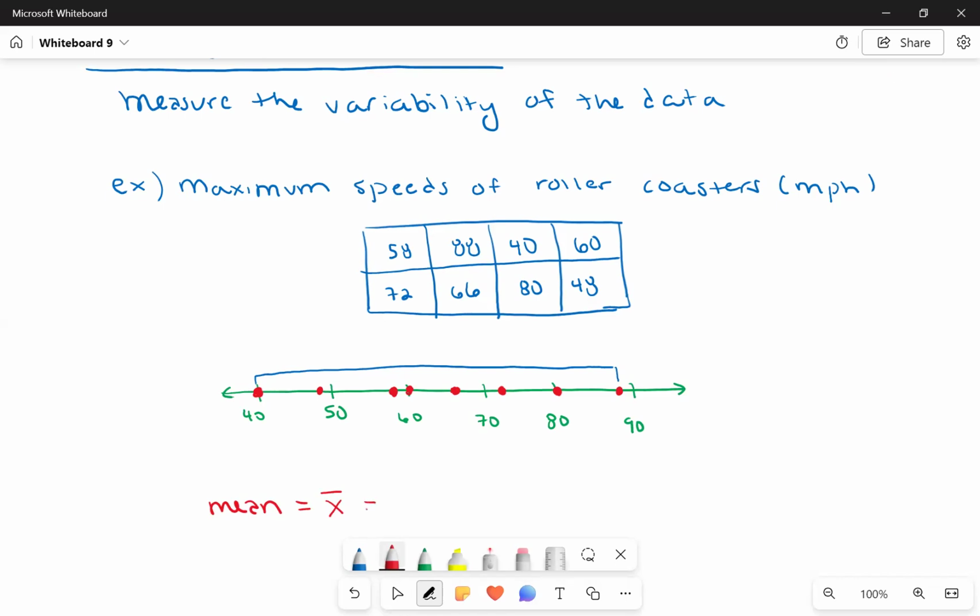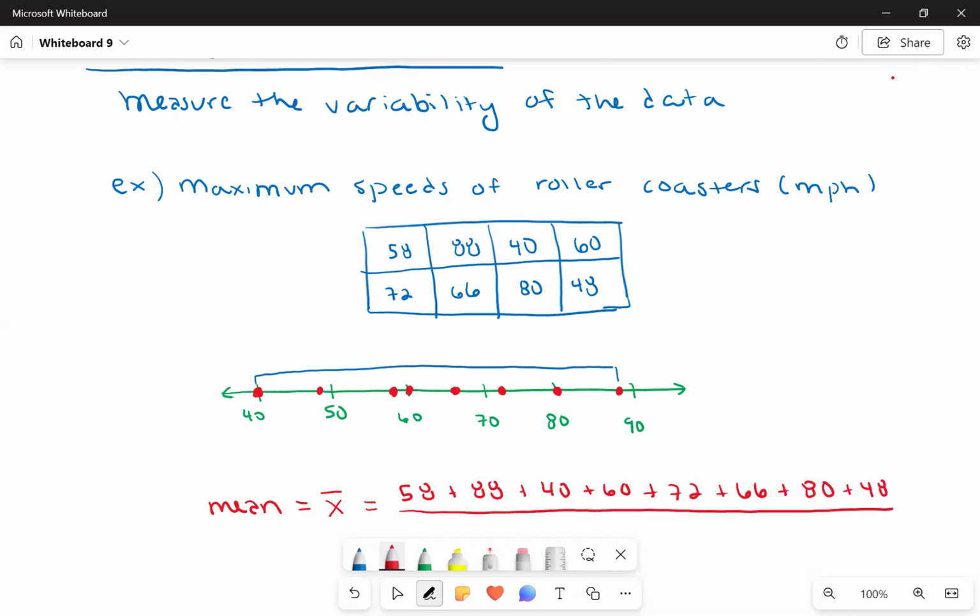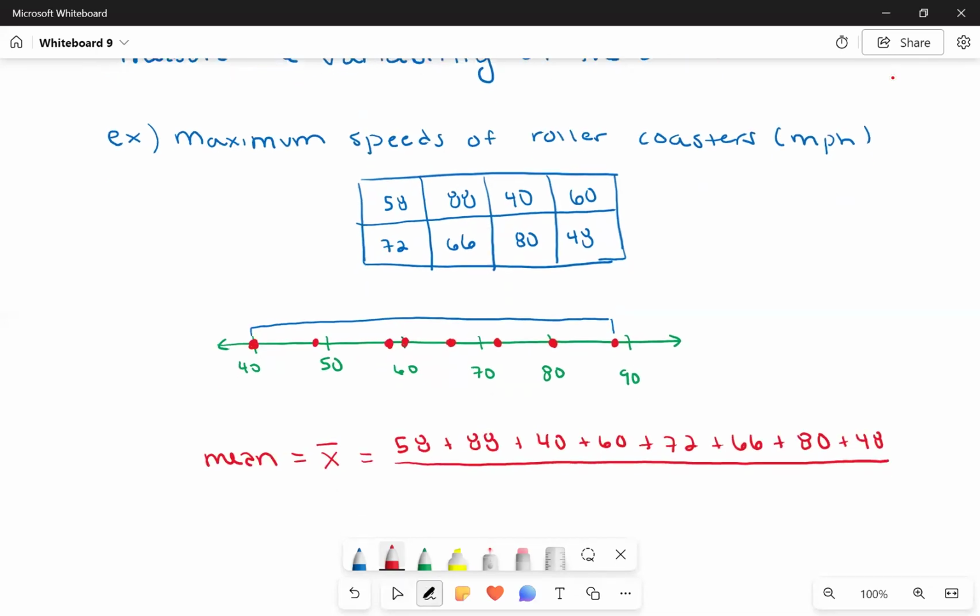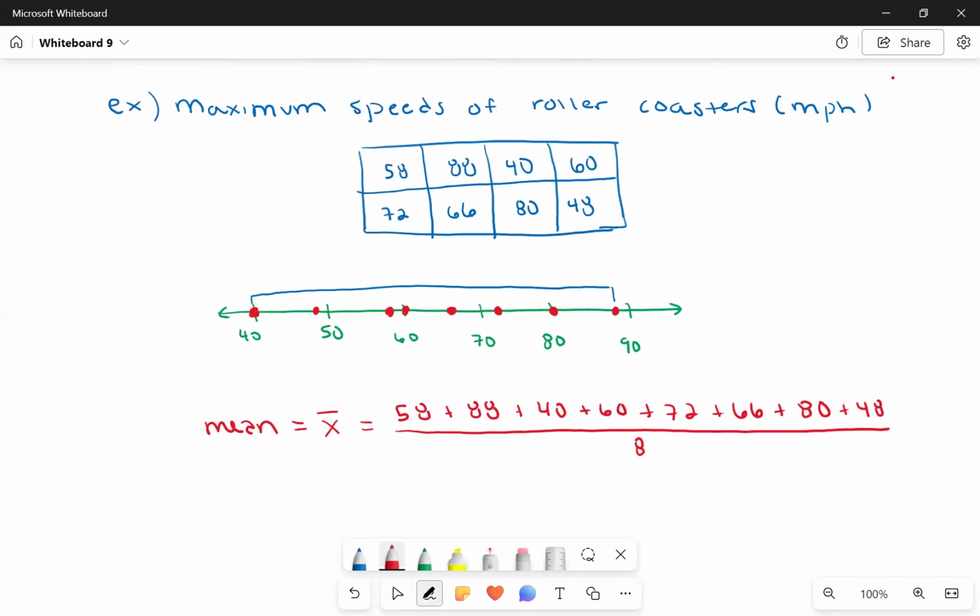Okay, so I'm going to go ahead and add the data together. I'm going to write out what I'm doing though. So I'm going to write out all the data values. 60, 72, 66, 80, and 48. And you should go get your calculator so you can do this with me. There's 8 data values here. So I'm going to add those all together and divide by 8.